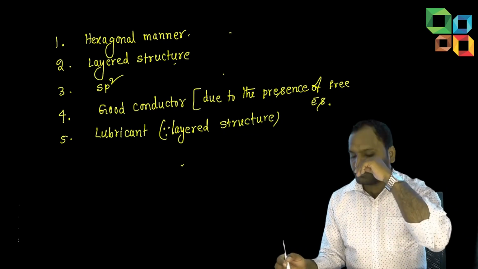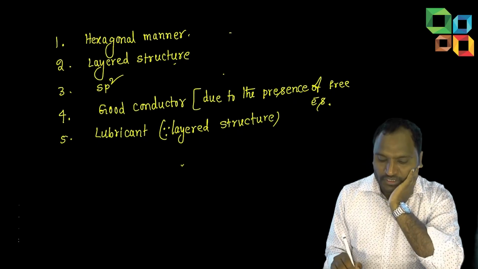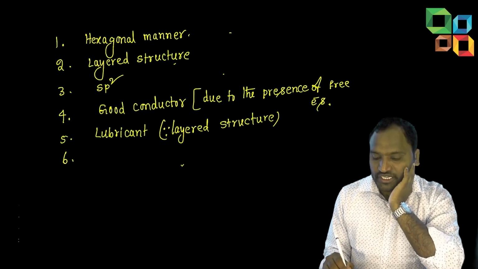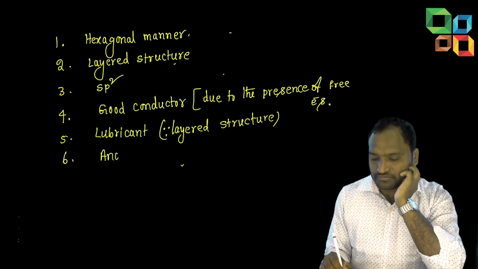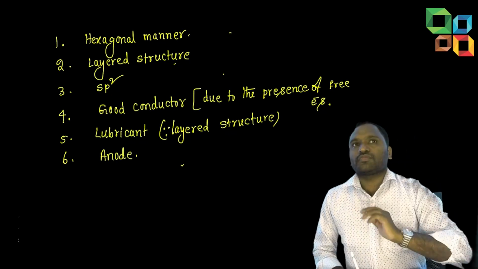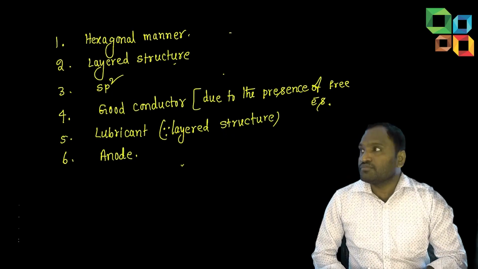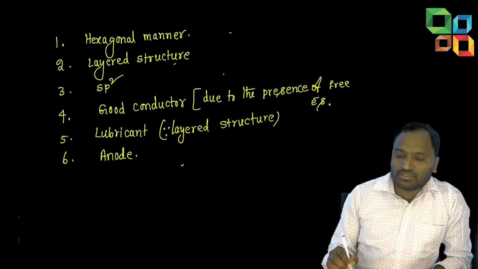And graphite is generally used as electrodes, mainly acting as anode. Graphite is used as anode in electrolytic cells. This is about graphite.